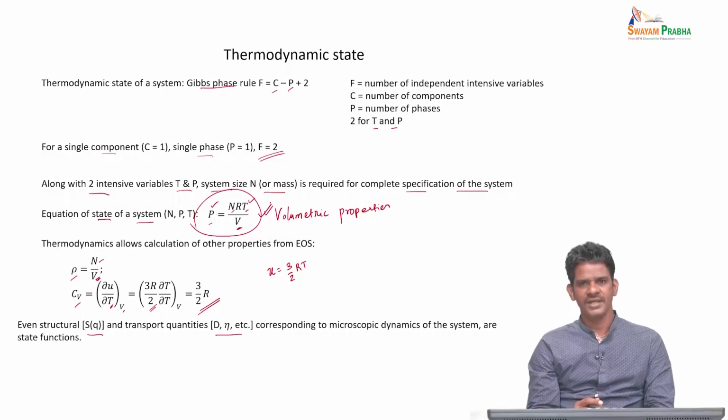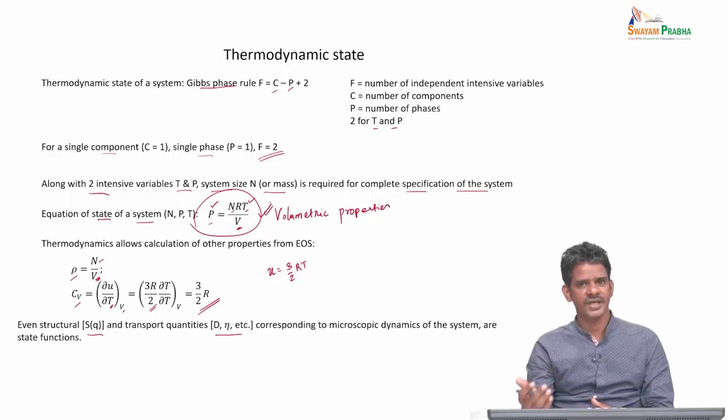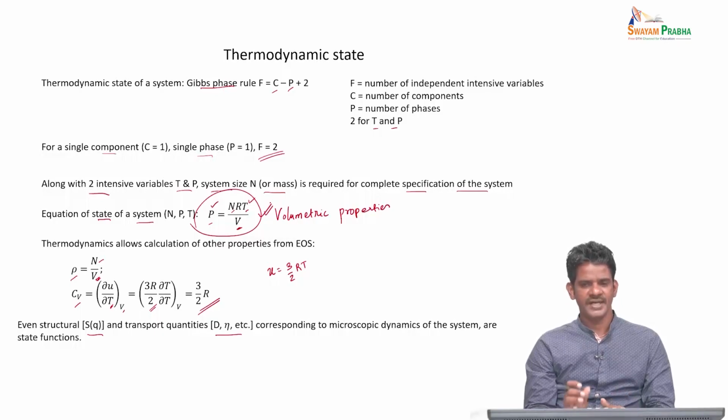For example, if you want to study carbon dioxide and you don't have an analytical expression for the equation of state of carbon dioxide, what you do is try to change certain variables in the ideal gas system, and then you propose a modified version of the equation of state, and then you fit with experimental data, and you do this empirically so that you get a reasonably working equation of state for carbon dioxide. So that's one way how we handle it in chemical engineering, by proposing a very large number of equations of state. Once we know that, we know how to calculate free energies and other properties.